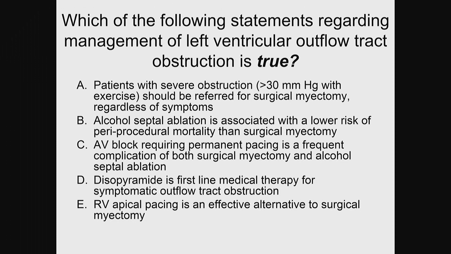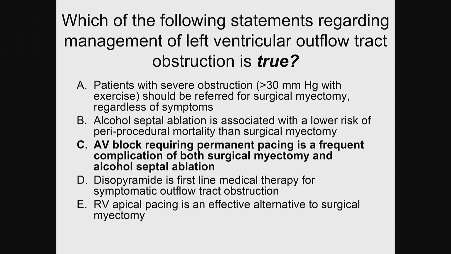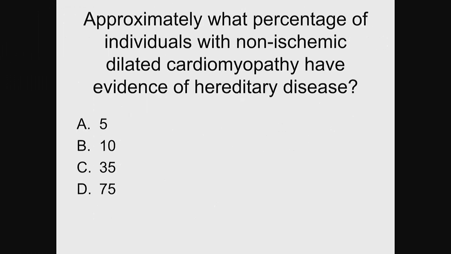Is it D, disopyramide is first-line medical therapy for symptomatic outflow tract obstruction? Or is it E, RV apical pacing is an effective alternative to surgical myectomy? Which of these is true regarding the management of outflow tract obstruction? It's C. AV block requiring permanent pacing is a frequent complication affecting 5 to 20% of patients undergoing surgical myectomy or alcohol septal ablation.